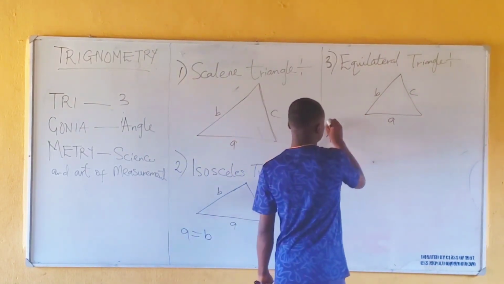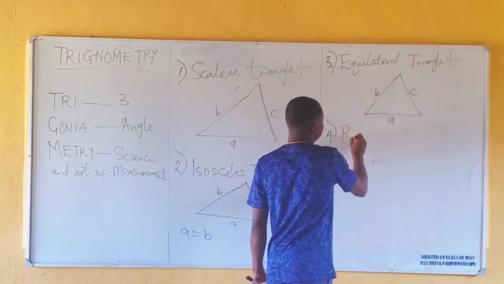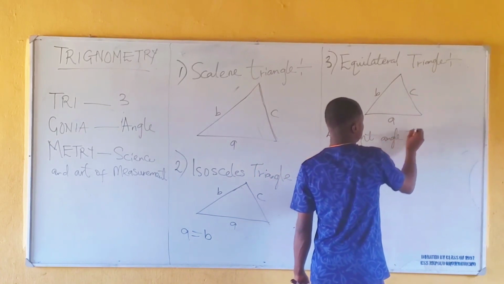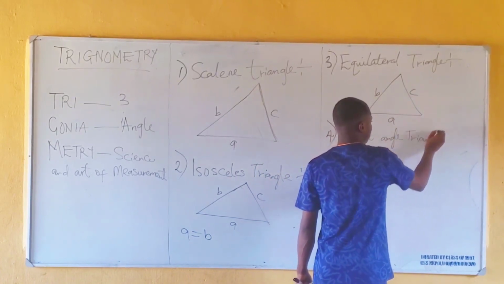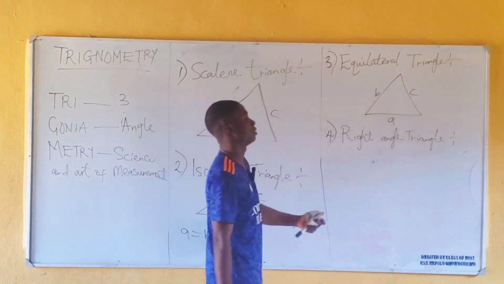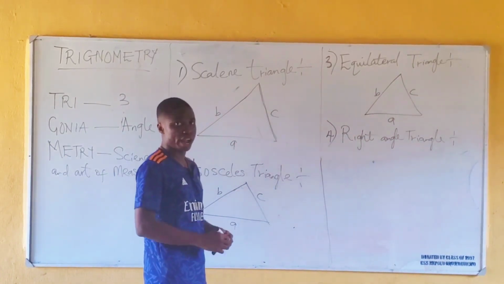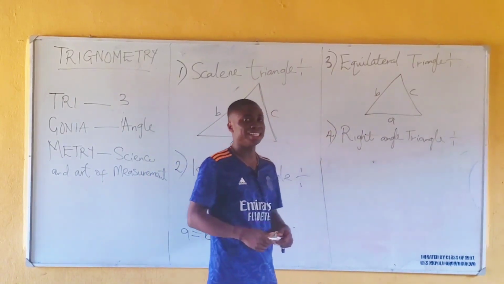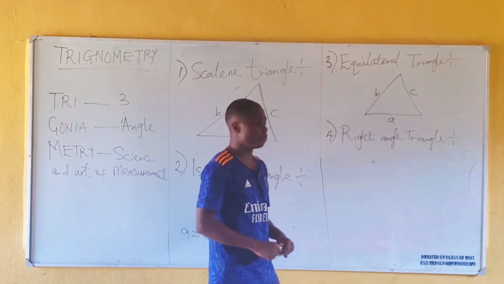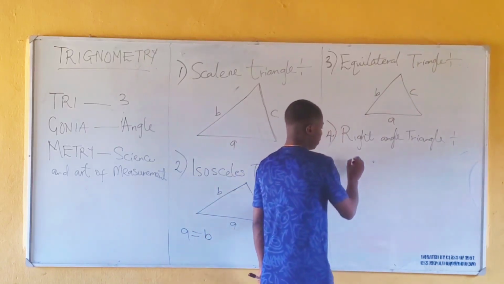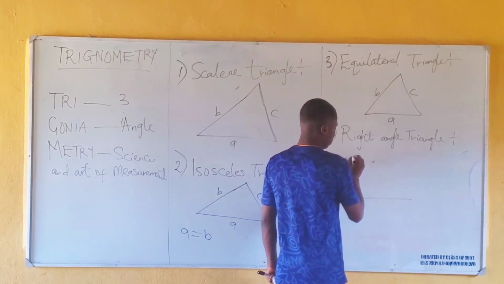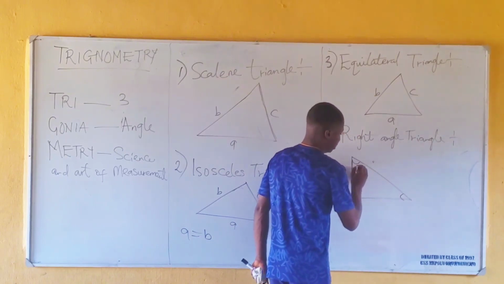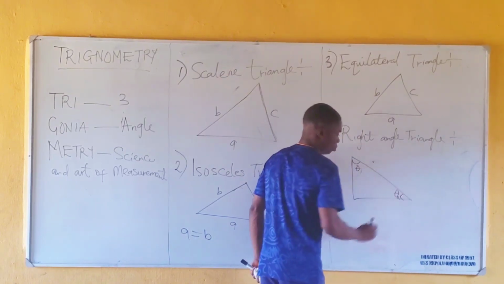And the fourth one is a right angle triangle. Now, what is a right angle triangle? A right angle triangle is a triangle that has one of its angles to be 90 degrees. So, take for instance, this is theta 1, this is theta 2.